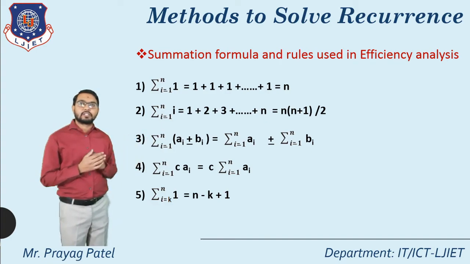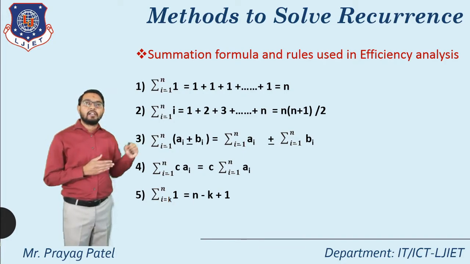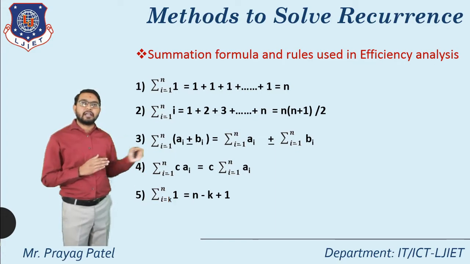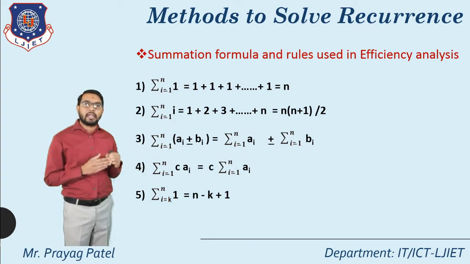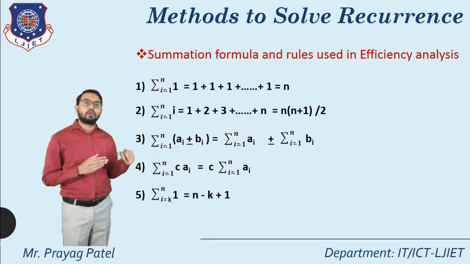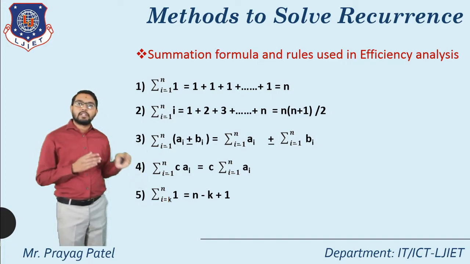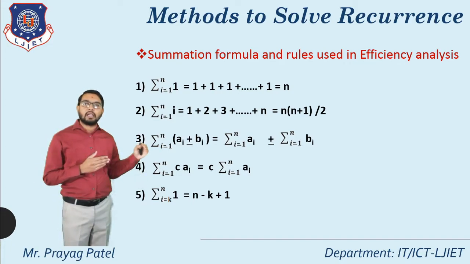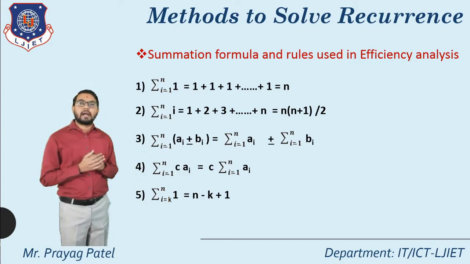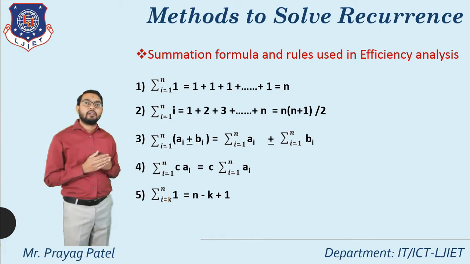Now the third equation: sigma i equal to 1 to n of a_i plus or minus b_i. You can apply the sigma to both terms a_i and b_i, giving sigma i equal to 1 to n of a_i plus or minus sigma i equal to 1 to n of b_i. The fourth equation is sigma i equal to 1 to n of c times a_i, where c is a constant, so it equals c times sigma i equal to 1 to n of a_i. The last equation is sigma i equal to k to n of 1, which equals n minus k plus 1.